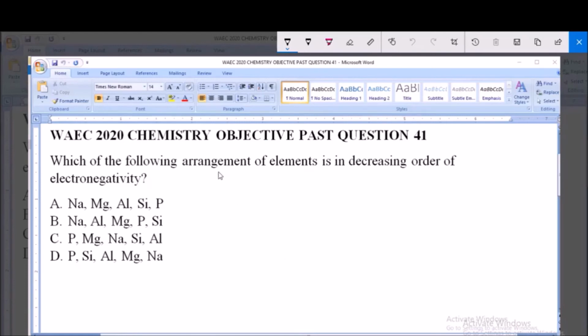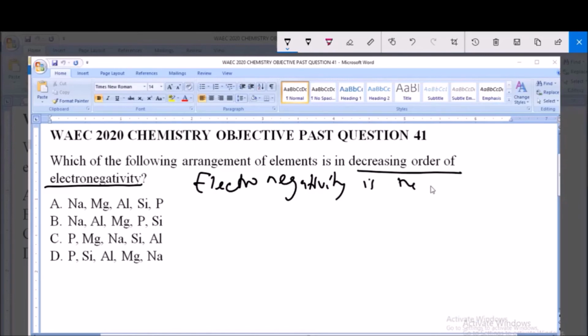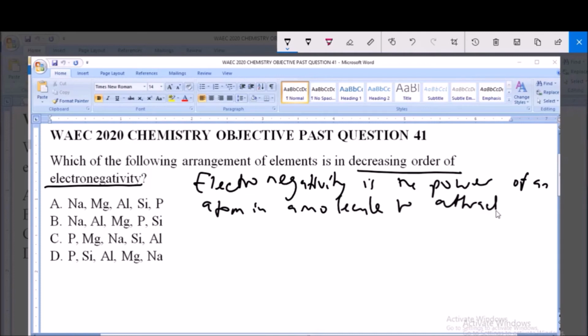So we're asked to arrange in decreasing order of electronegativity, and electronegativity is the power of an atom in a molecule to attract electrons.